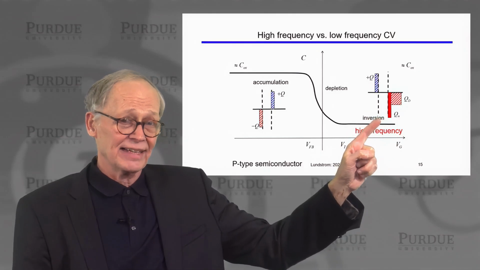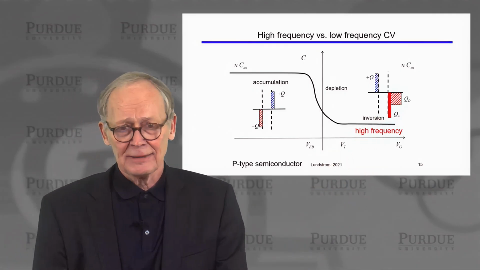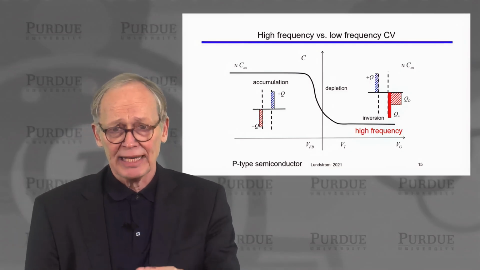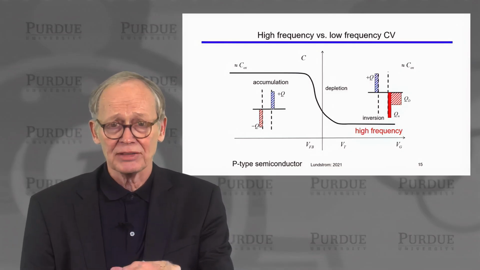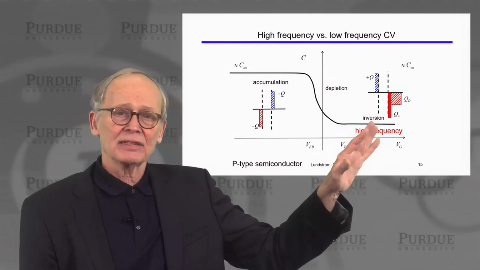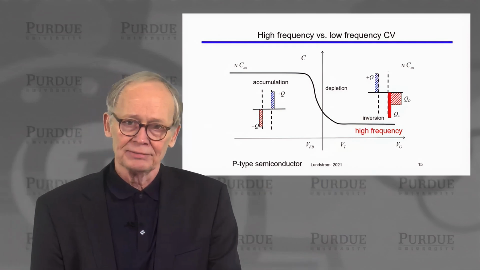And it turns out it doesn't take a very high AC frequency for that to happen. So as that gate voltage goes up and down at some frequency, and we ask for more inversion layer electrons, it takes a while to generate them. So they can't follow the signal. It's as though they are not there for the AC signal.